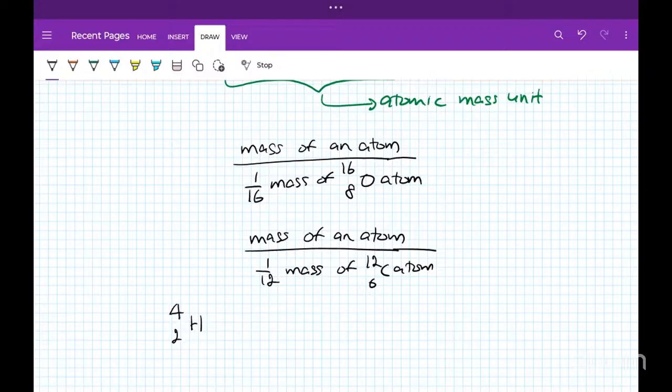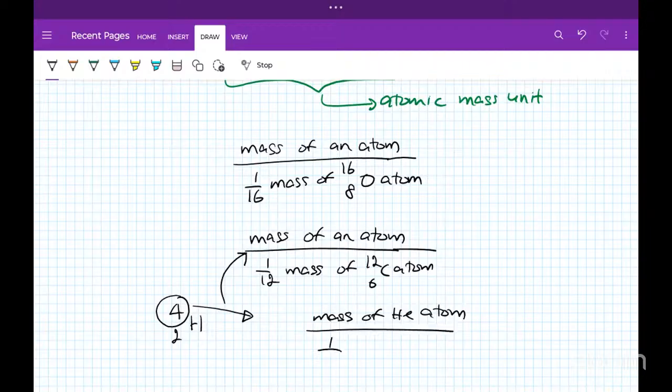This 4 comes from this calculation: they take the mass of the helium atom and divide it by 1/12 the mass of the C-12 atom.